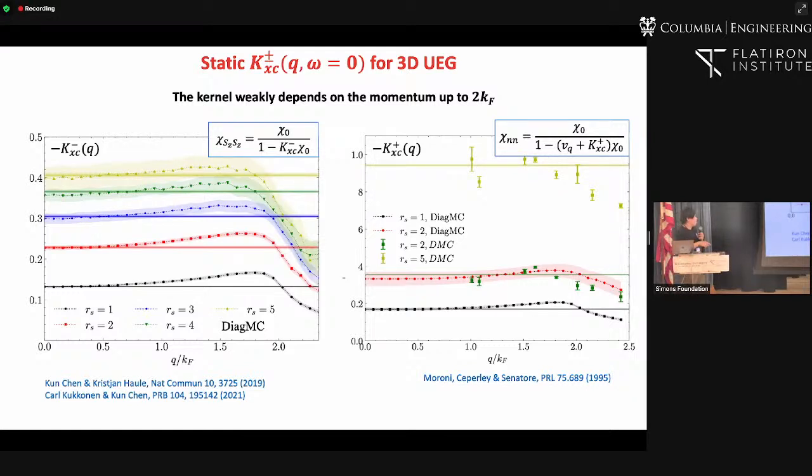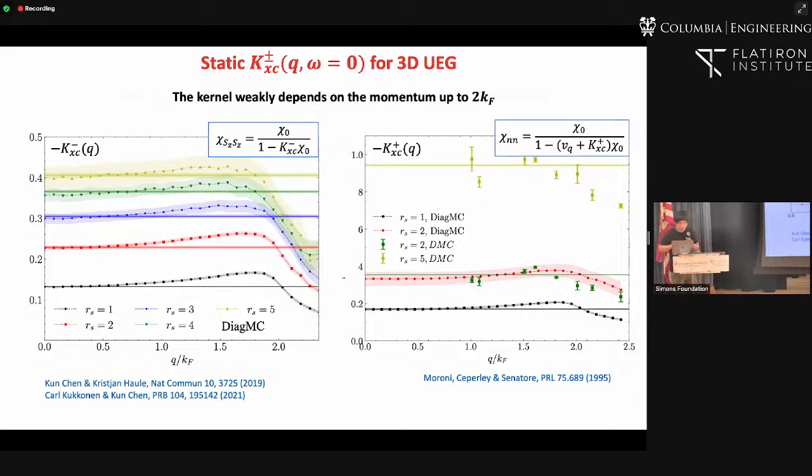Overall, there is a remarkable feature. You can see this kernel, although it depends on the momentum, is almost a constant up to 2kF. That means the Landau quasiparticle interaction is quite local, up to the scale 1/kF. That's our first remarkable feature we find.